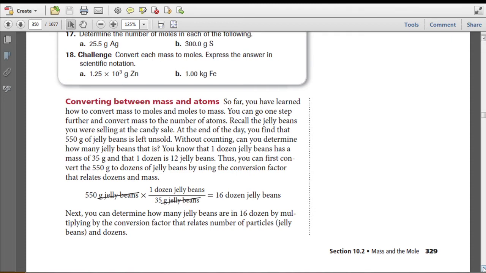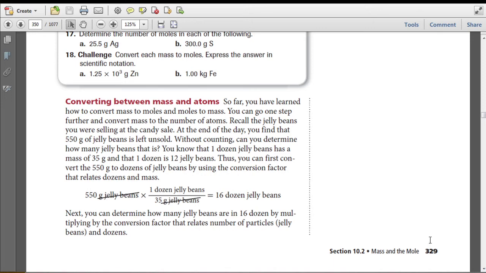You know that 1 dozen jelly beans has a mass of 35 grams, and that 1 dozen is equal to 12 jelly beans. Thus, you can first convert the 550 grams to dozens of jelly beans by using the conversion factor that relates dozens and mass.